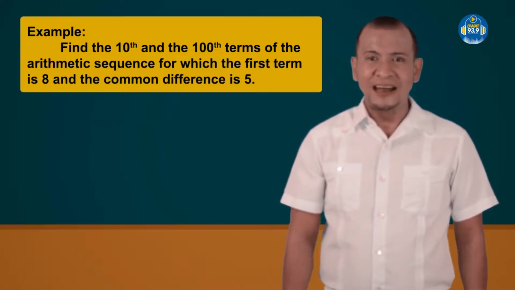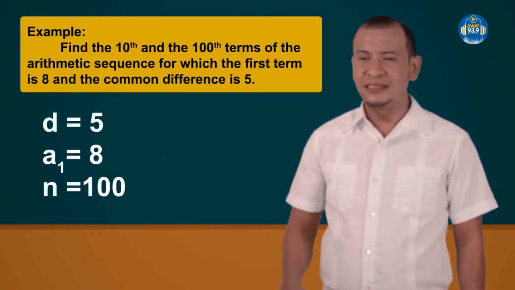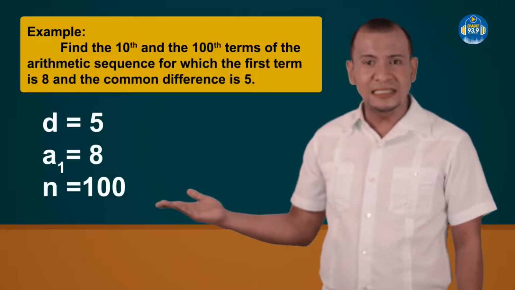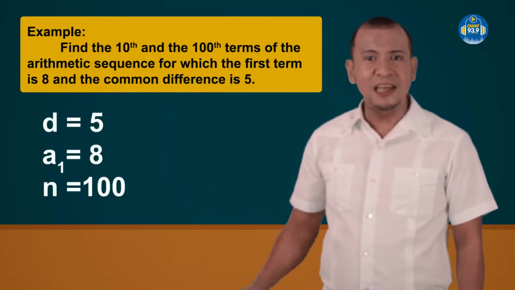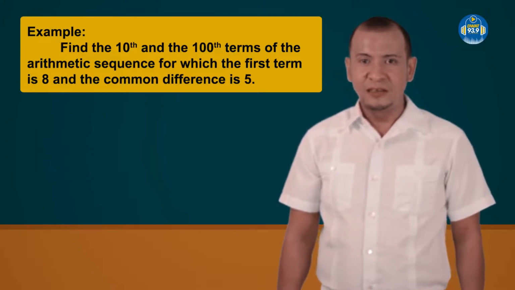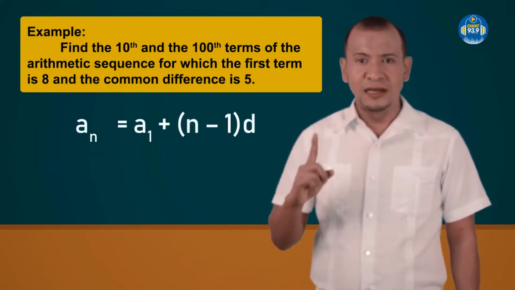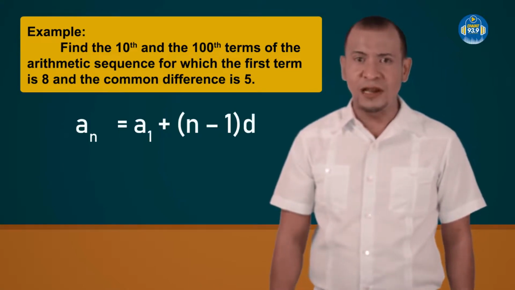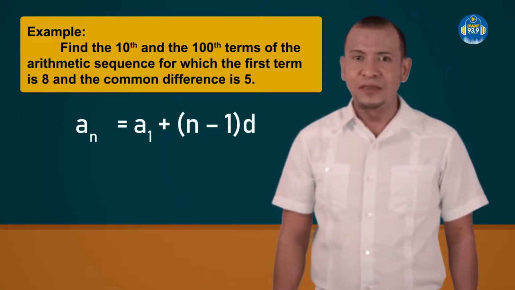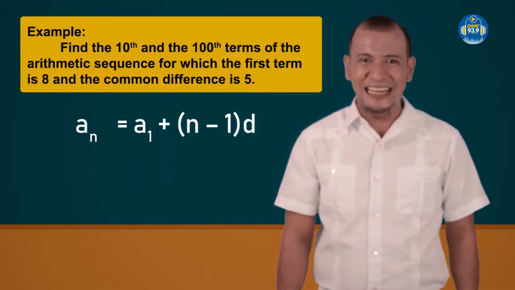Now let's find the 100th term of the sequence. So given a sub 1 equals 8, this time n equals 100 and d equals 5. To find a sub 100, again let's substitute the given conditions in the formula. A sub n equals a sub 1 plus n minus 1 times d.